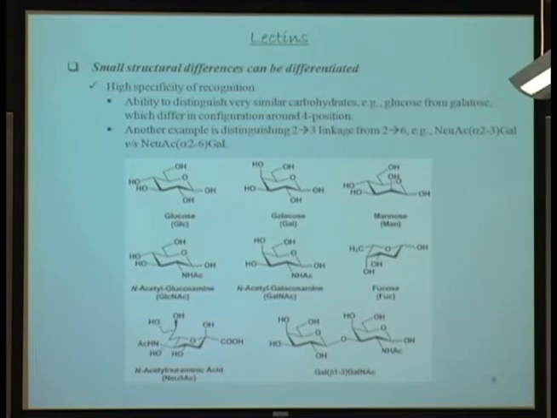Although it recognizes glucose and mannose, the way in which it recognizes is different. Likewise, we have, for example, N-acetylneuraminic acid recognition versus, as you have seen, that the acetyl can actually have a hydroxy, and that difference.